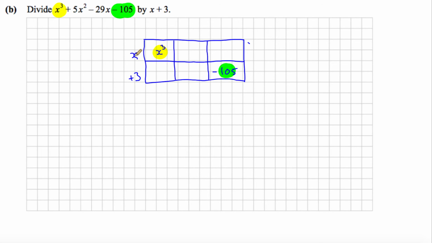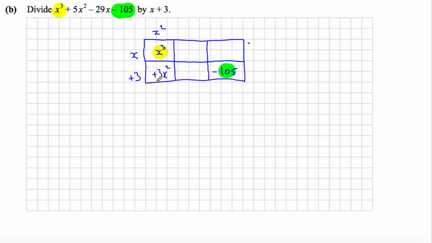Okay, so from this we can work out this term and this term. So what do I need to multiply x by to get x cubed? Well, that would be x squared. And if that's x squared, multiplying into the grid now, 3 by the x squared gives me positive 3x squared here.